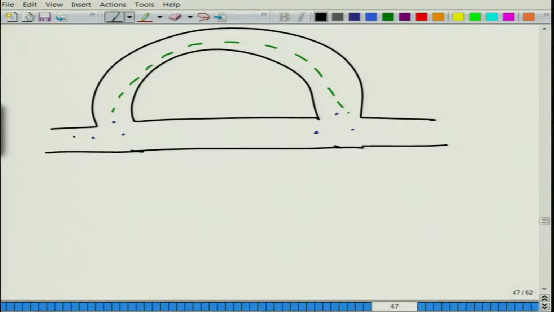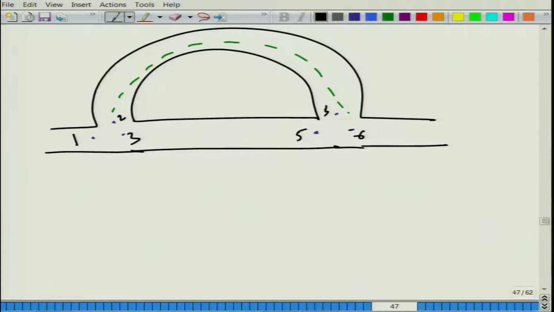Let us call this element 1, this is element 2, this is 3, 4, 5 and 6. So, we assume that 5 and 6 have coalesced and 1 and 3 have also come together. So, this is essentially a very small point really, I am just drawing it separately for better conceptualization.